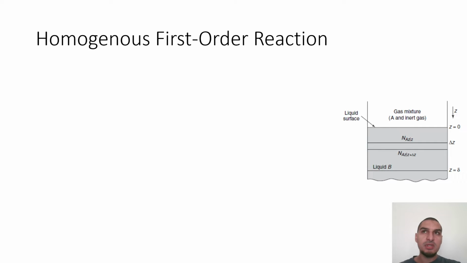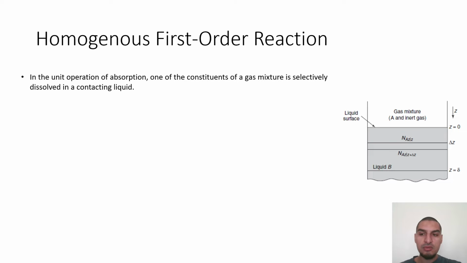We have already discussed the meaning of a homogeneous reaction, where the reaction is taking place while the species is diffusing. A typical case of a homogeneous first order reaction is chemical absorption.